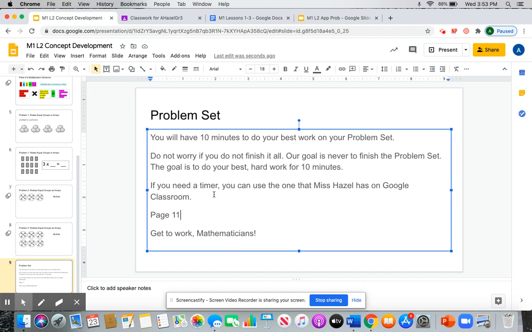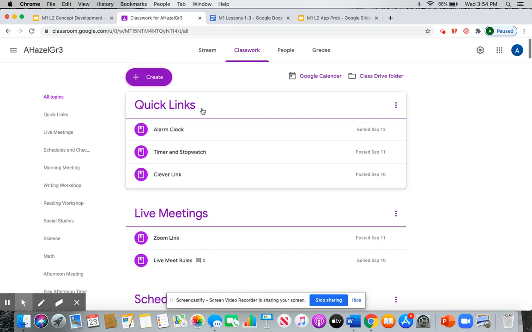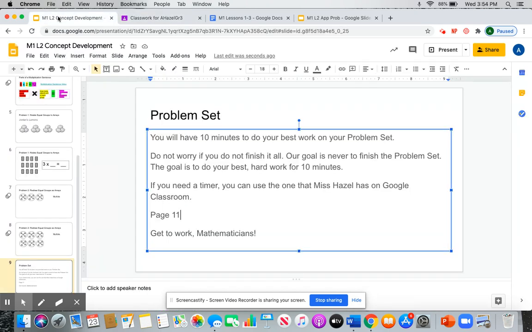So you can go to my Google Classroom and find the timer and set it for 10 minutes. Remember, our goal isn't that we finish the problem set. Our goal is that we do our best work. Okay, that doesn't mean we go quick. That means we think about what we are doing as we are working. Even when it's challenging, we do our best. So you're starting on page 11. You have 10 minutes.